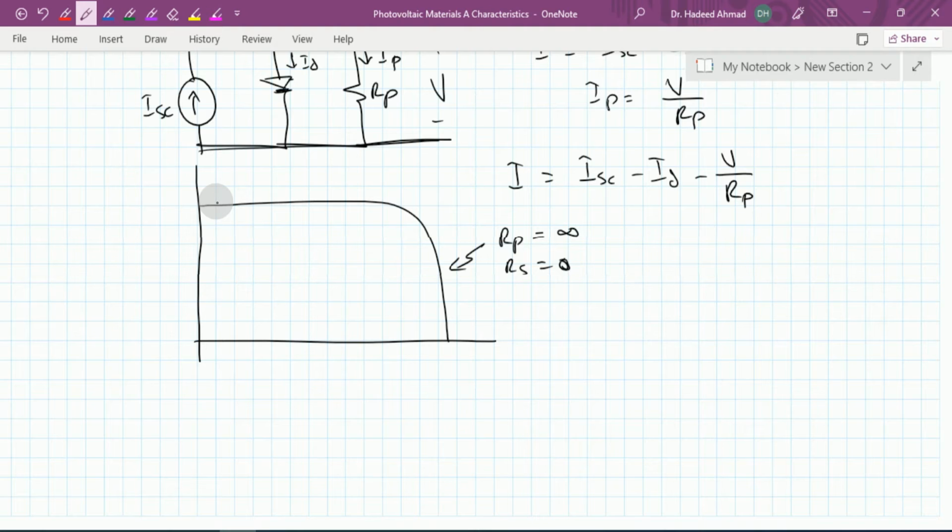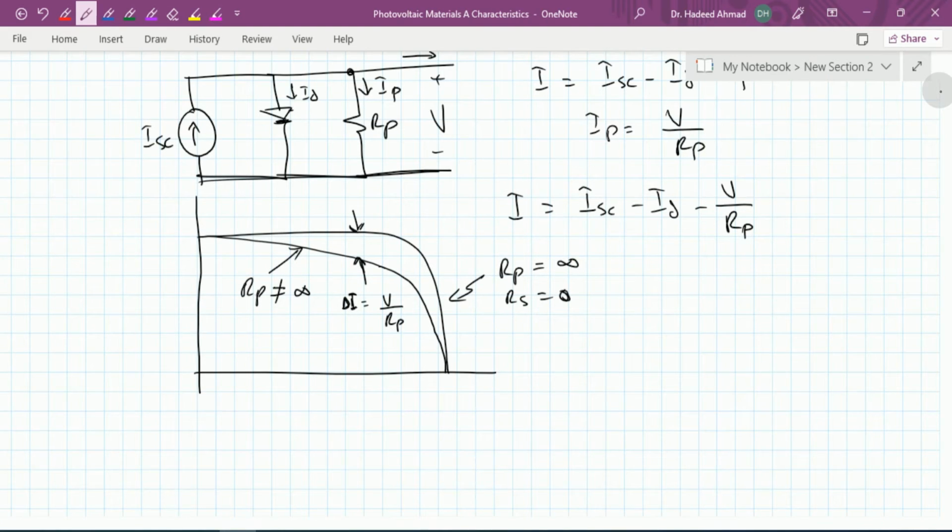But if we make Rp not infinite, as in a shunt model, then we have this type of slope, and this represents Rp not equal to infinity. The change in this current I between this point and this particular point, let me call it delta I, is equal to V over Rp, because this is the change in the output current value because of the presence of this resistance Rp.